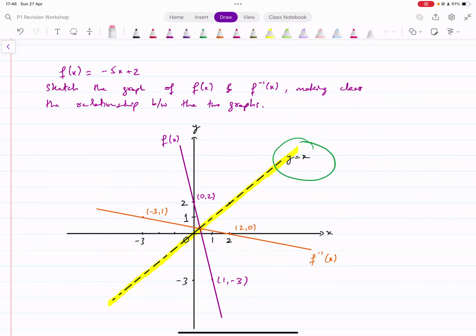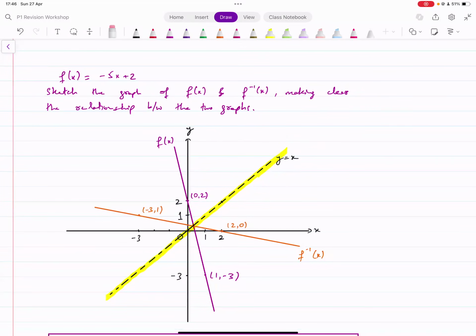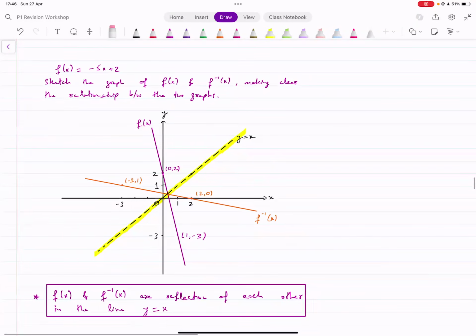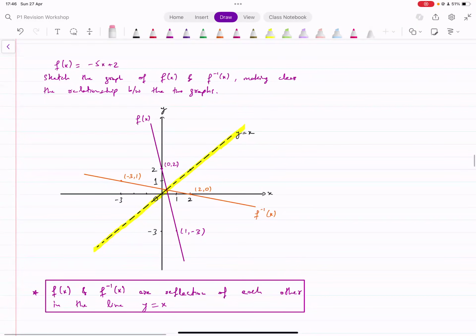So whenever they say draw a function and its inverse and explain or identify the relation between the two graphs, you would always draw this y equals x line as well and write that they are reflections of each other in the line y equals x. While you do that, you need to make sure that on both axes you're using the same scale.